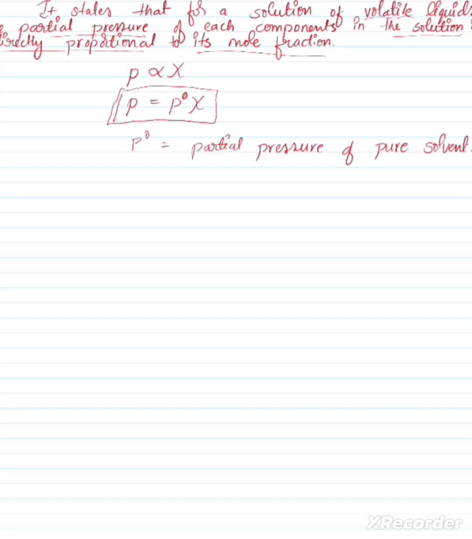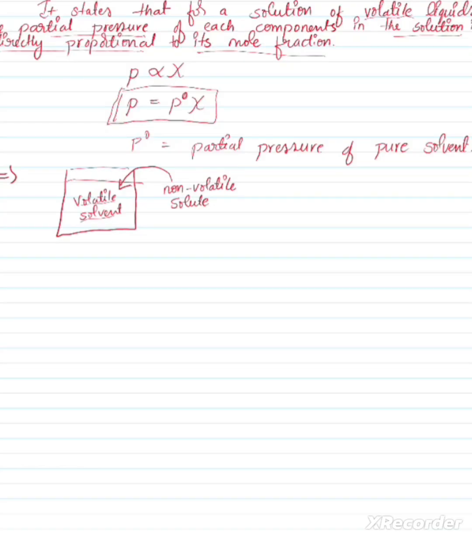Then another important point under this concept: whenever we are adding a non-volatile solute to a volatile liquid, the partial pressure... If I take a container, in this container there is a volatile solvent. Volatile means ready to evaporate; whichever one evaporates, we call it the volatile solvent.